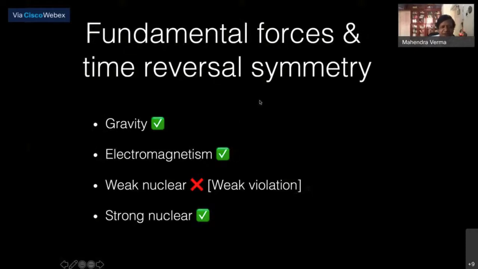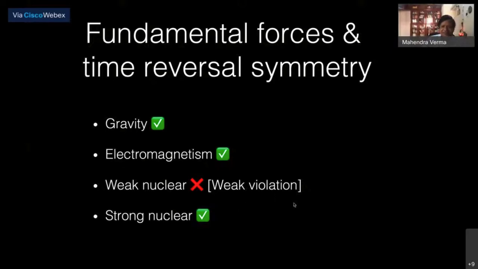Time reversal symmetry is respected by three fundamental forces: gravity, electromagnetism, and strong nuclear. But weak nuclear breaks the time reversal symmetry. These are from the fundamental perspective. If you look at gravity, a particle falls down, or I push the particle up with the velocity reversed, it will go to the same height from where it fell.